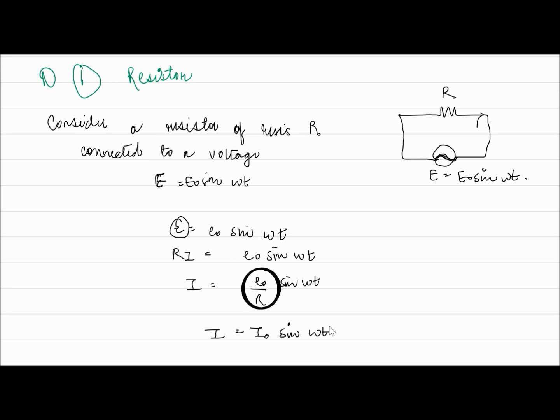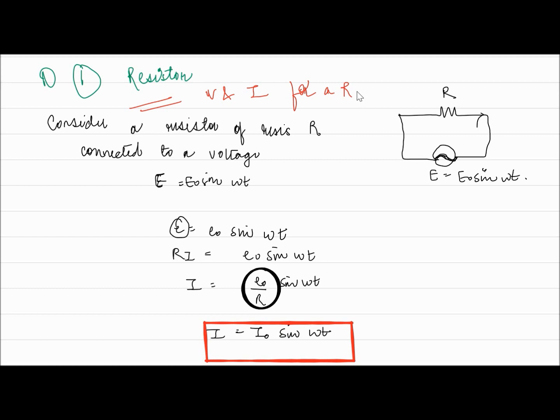So what is basically I naught? I naught is the alternating current that we are talking about. So this is the relation between V and I for a resistor.